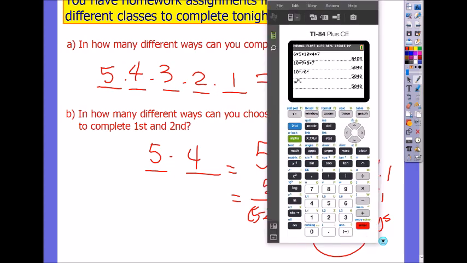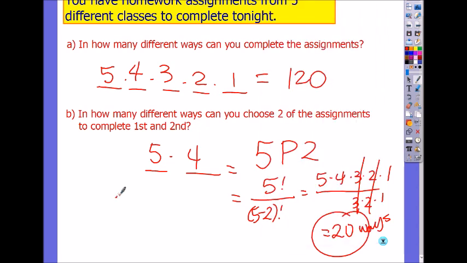If we check our answer on the calculator, it's 5 permutation 2, you get 20 different ways. So when you have 5 homeworks, if you just want to know how many different ways to do the homework, there are 20 different ways to choose from.